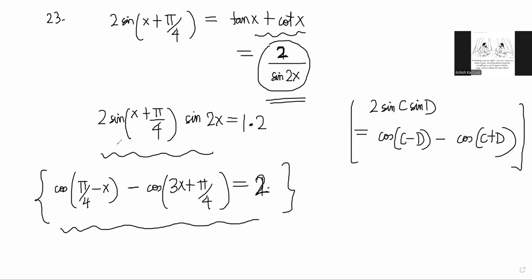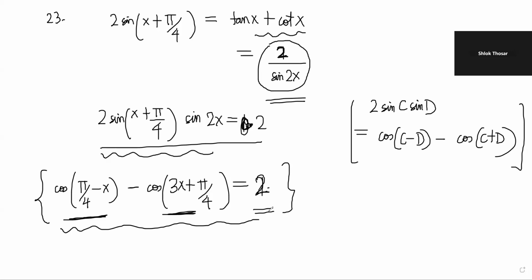You don't have to take cases by doing which one will be 1 and so on. Nothing like that has to be done. It is obvious. Can a difference of 2 cosines, how can it be 2? In what way can a difference of 2 cosines be equal to 2?